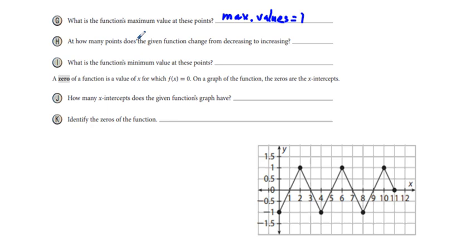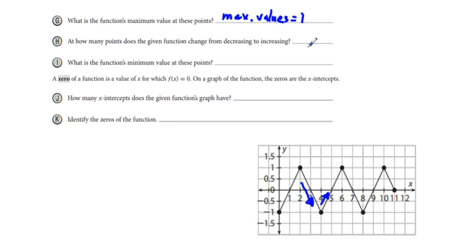Next, at how many points does a given function change from decreasing to increasing? Okay, we are decreasing to increasing here at x equals 4. And we see we're changing from increasing to decreasing again at x equals 8. So it looks like we have 2 turning points here where we're changing.